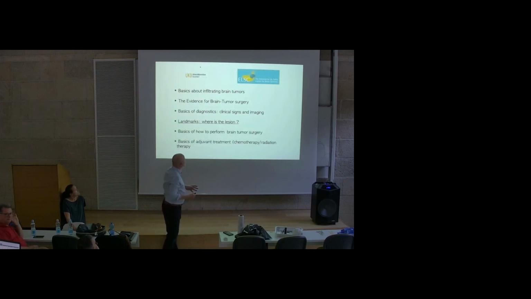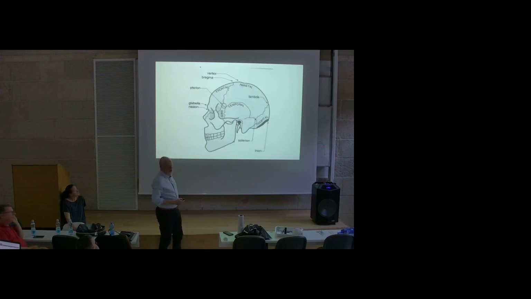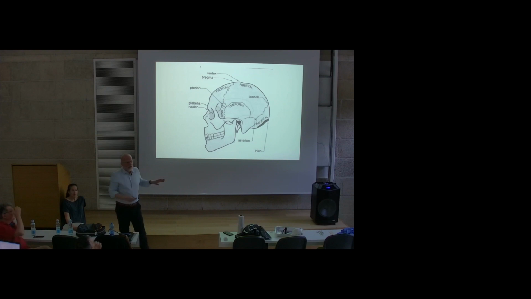The first thing is, if you look at the skull, you see some landmarks on the skull. First, you see the sutures, the fusion of the frontal bone with the parietal bone, and of the temporal bone with the frontal and parietal bone. These sutures are visible as soon as you make a skin incision and expose the skull.